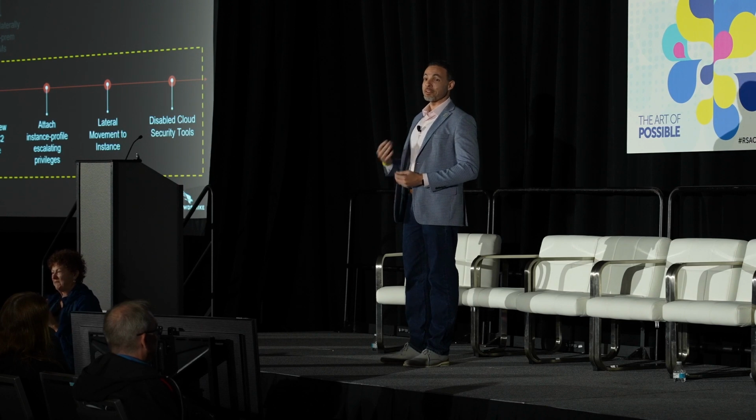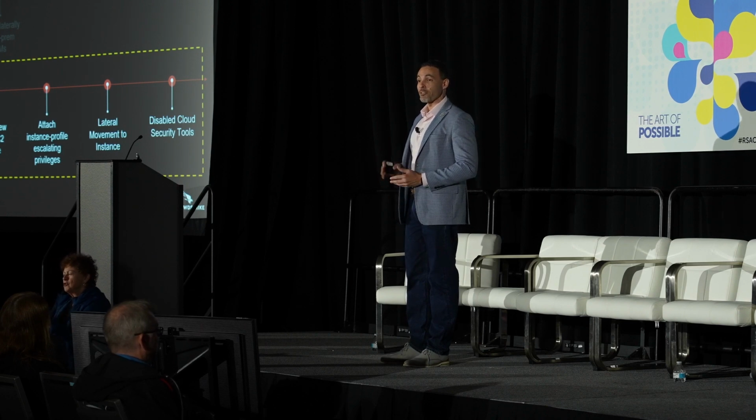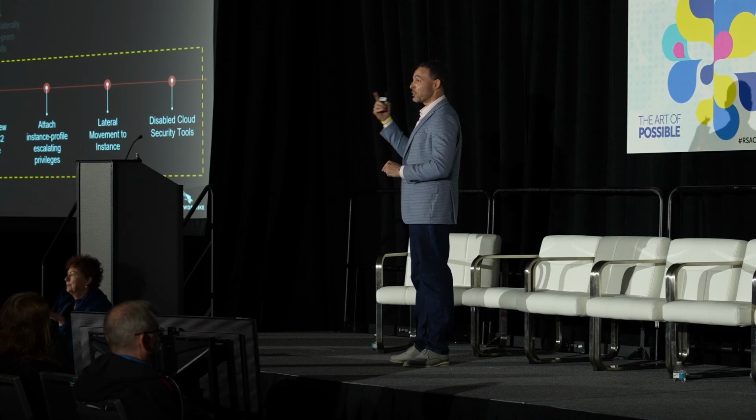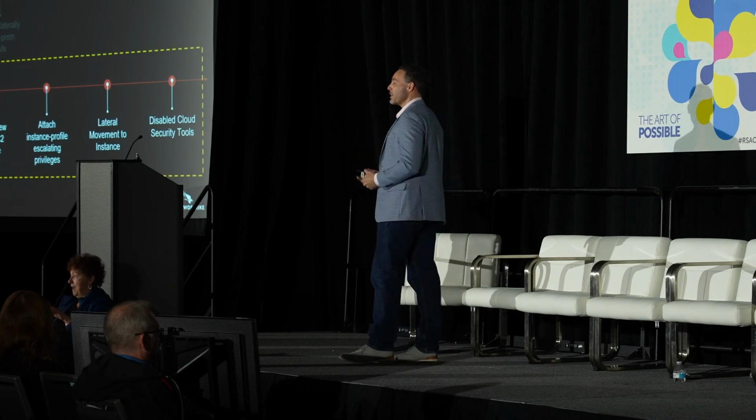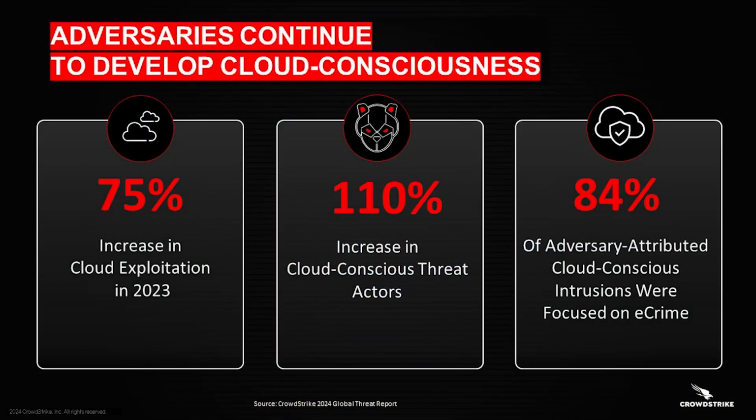They're very efficient and effective at how rapidly they move through these environments and how they understand how to get back into your environment, especially if you've published your VPN login instructions on a server that was probably not protected. We've been seeing a significant increase in these cloud-conscious adversaries.